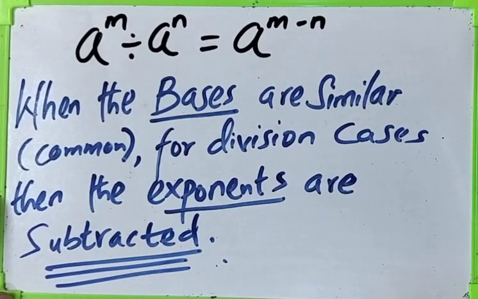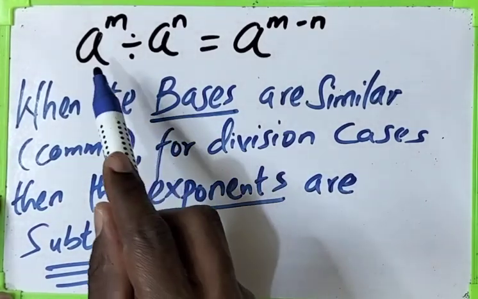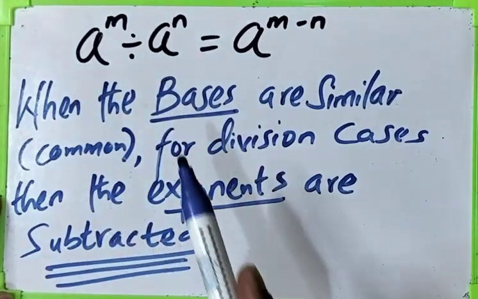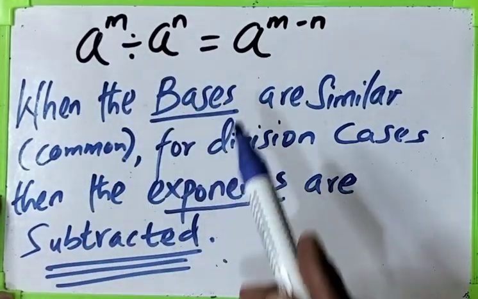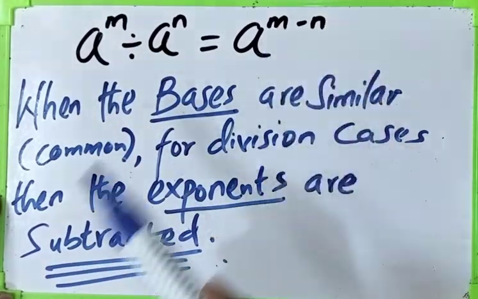That is just to lay some emphasis on when we have common similar bases and it is a division between them, we will subtract the powers.